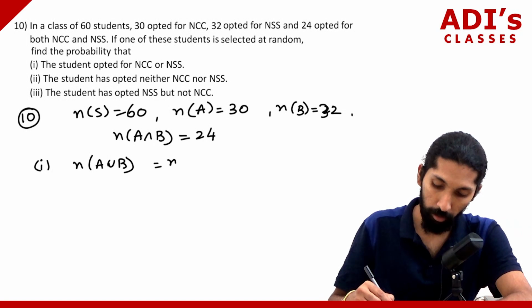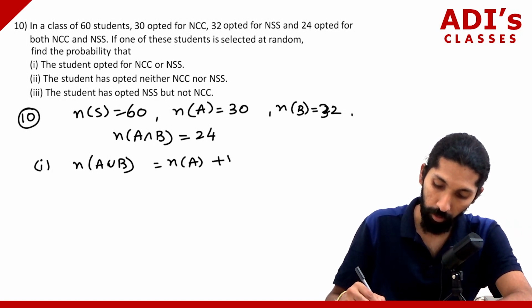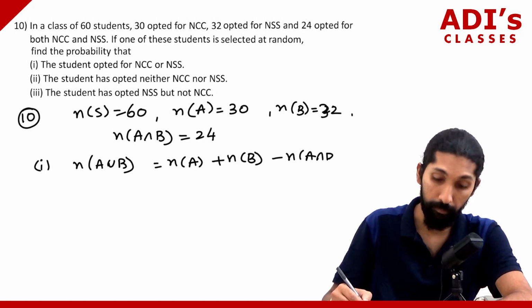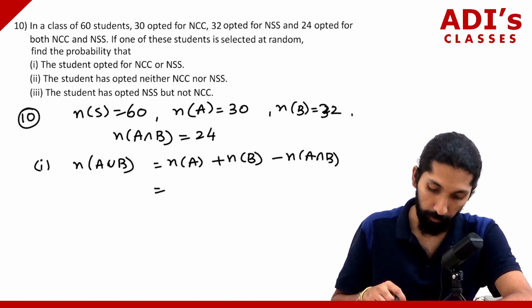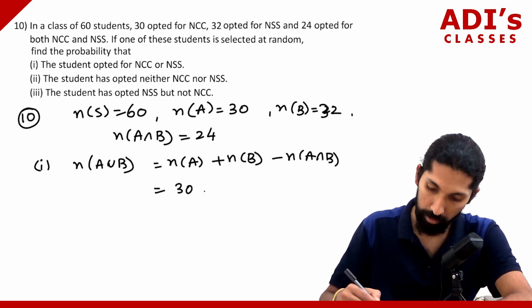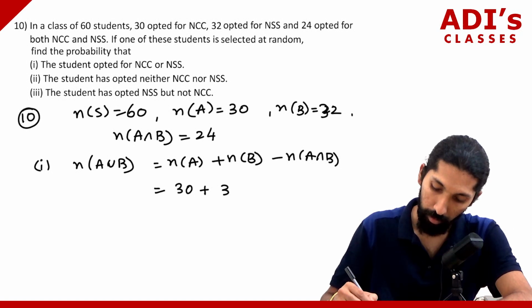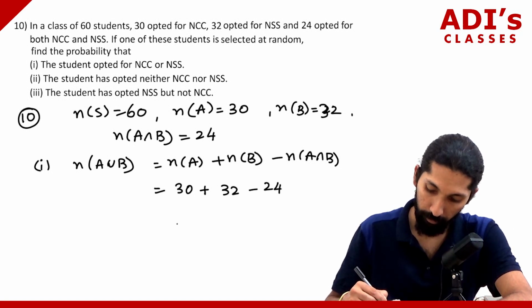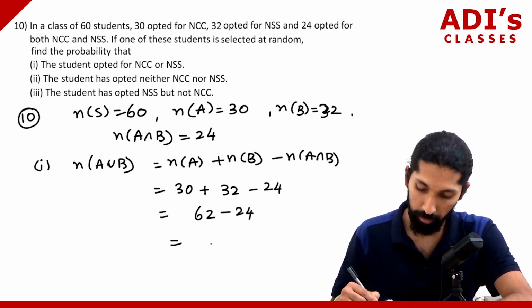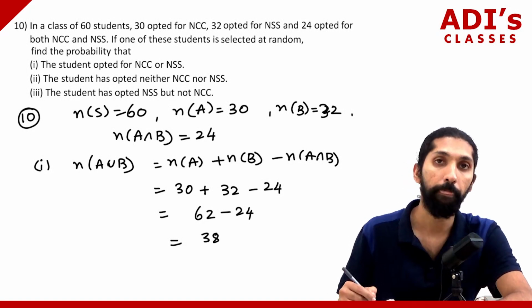First, we need to calculate n of A union B, which is nothing but n of A plus n of B minus n of A intersection B. So that's 30 plus 32 minus 24, so that's 62 minus 24, which is going to give us 38.